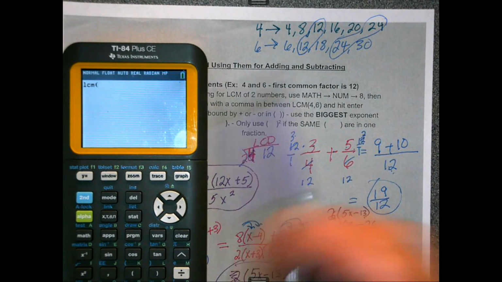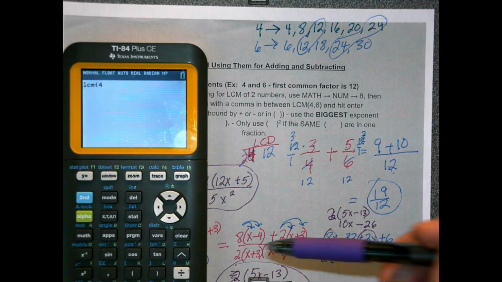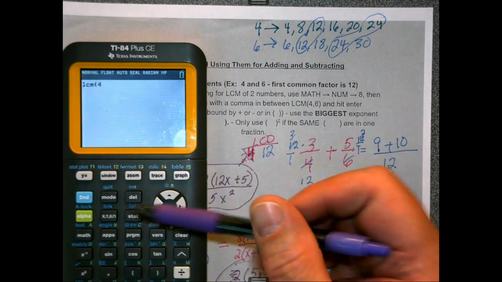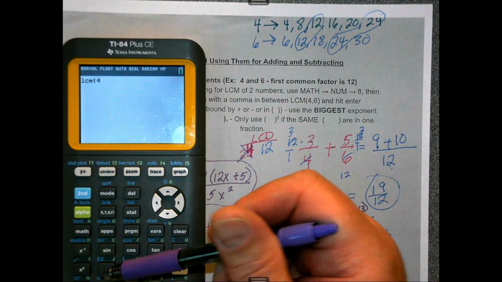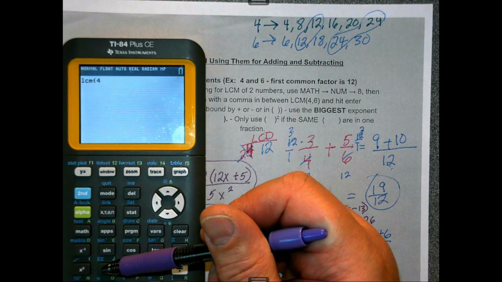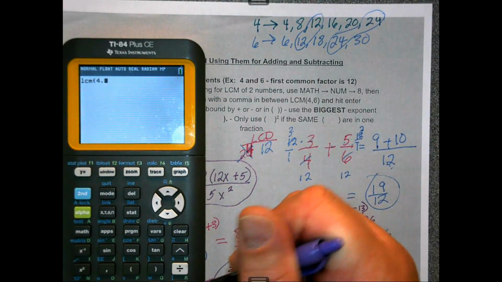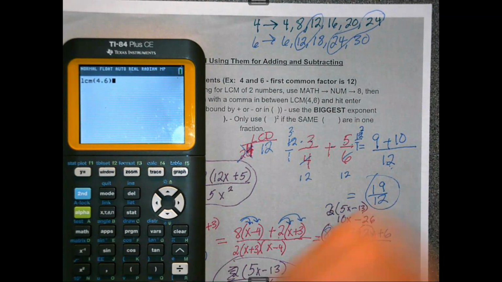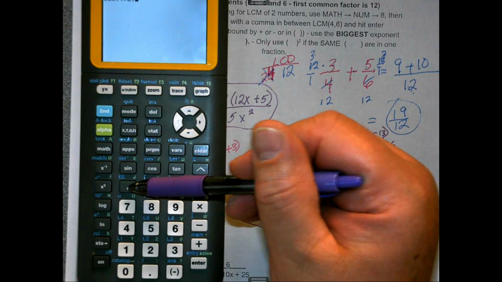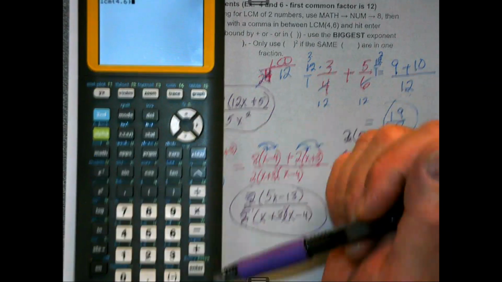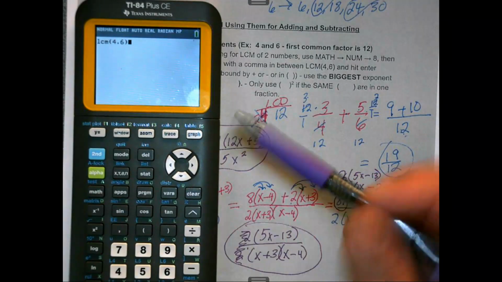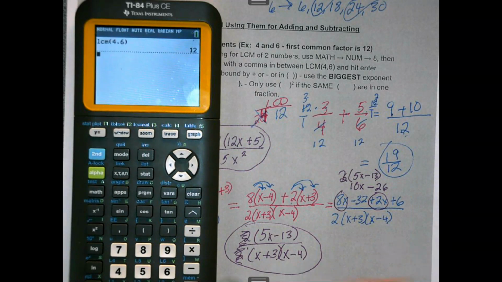Let's say we have a 4, and then we'll use the comma. You've got to separate it by commas and put the other number in there, 6. Comma is above 7. Okay, you've got to put the comma in there. Then hit enter, and it gives you the lowest common multiple.